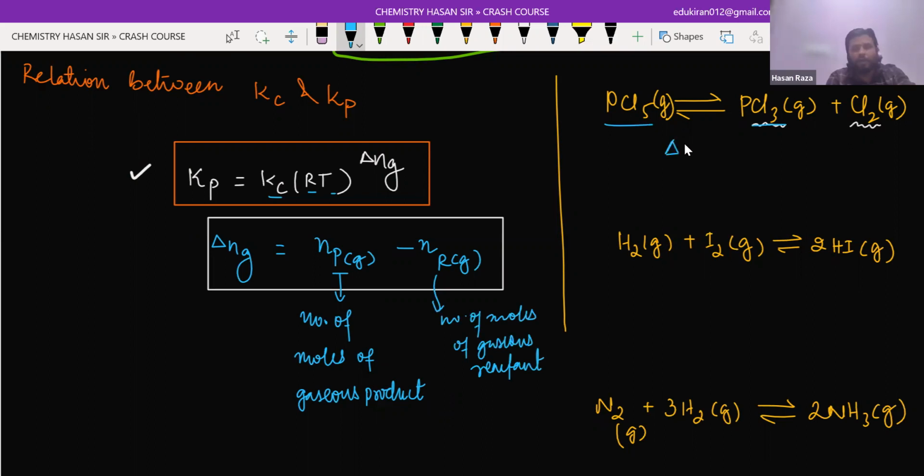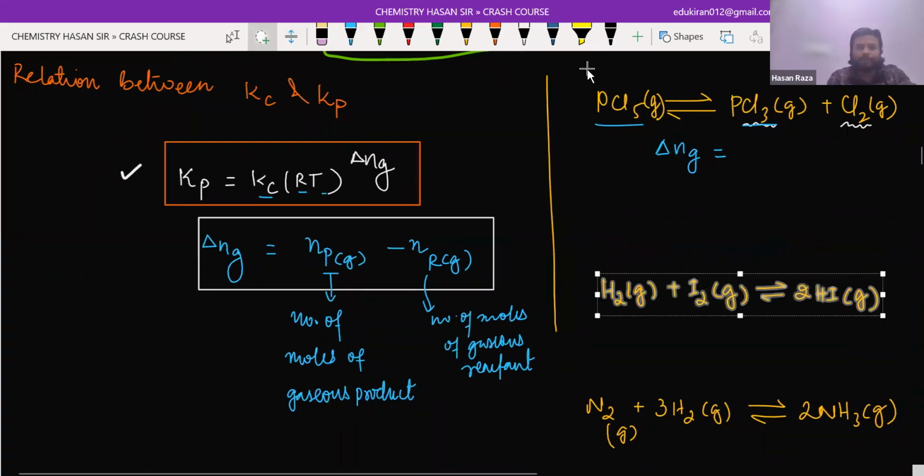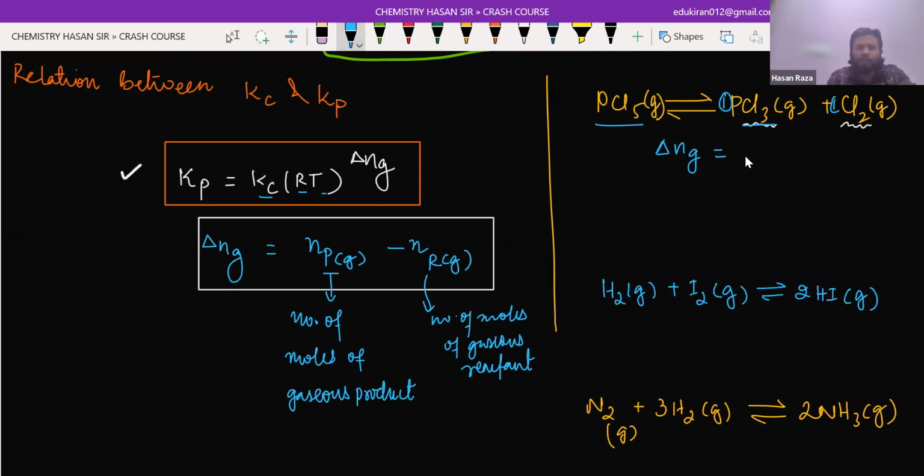To calculate delta Ng, what is the number of moles of product here? One is here and one here. Total number of moles of product is 2, minus total number of moles of reactant 1. So delta Ng is equal to 1.